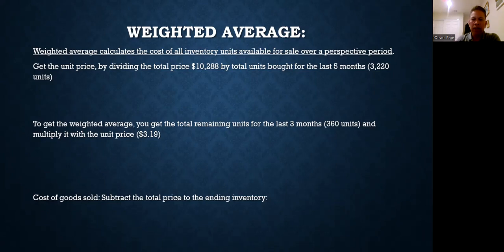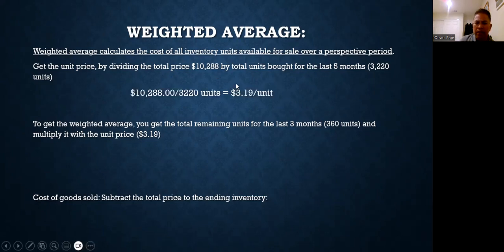In this problem, you divide the total price, 10,288, by the total units that the company purchased, 3,220 units. If you divide that, you get 3.19, which is the average unit price.